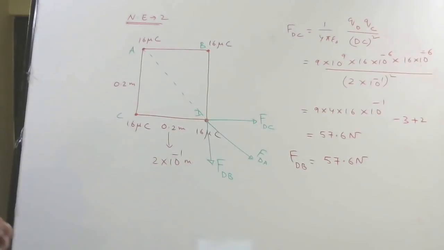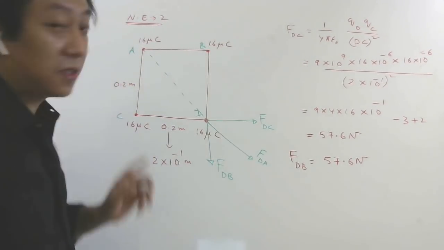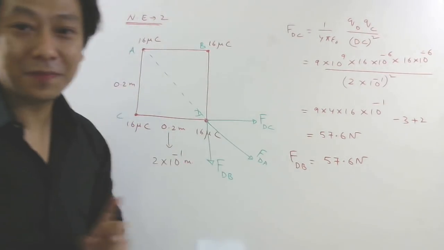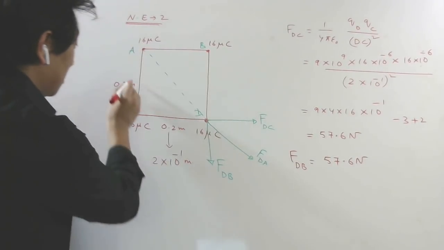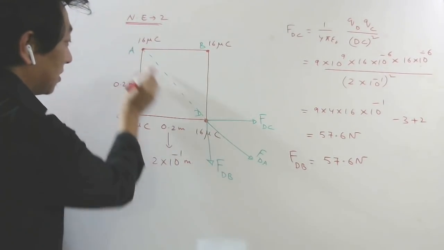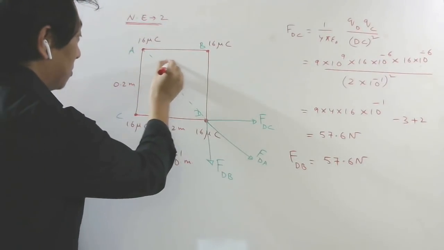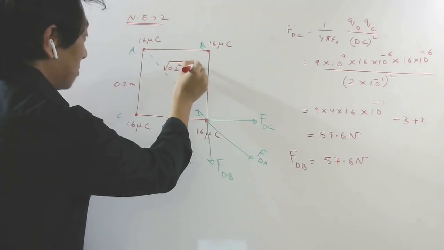Now I have to find the force on this charge, D charge, by A charge. Students, I'll tell you now only, it will be half of this. Why will it be half of this? This is 0.2, this is 0.2. What will be this distance? This is the hypotenuse. From Pythagoras theorem, it will be the root of 0.2 squared plus 0.2 squared.